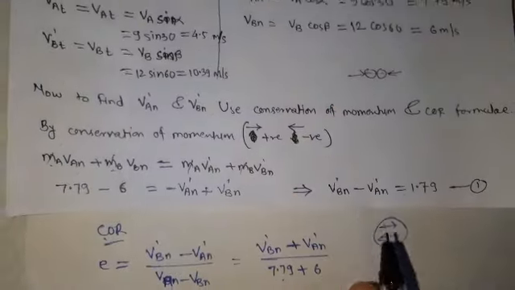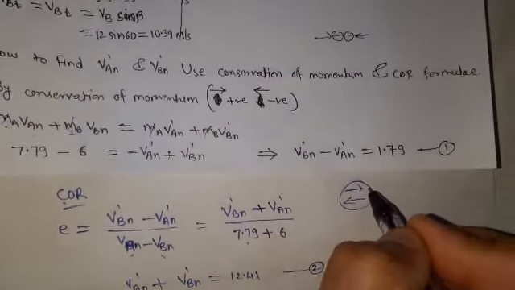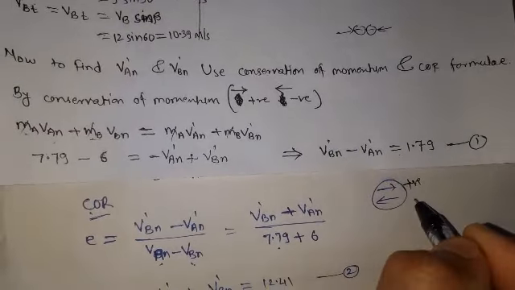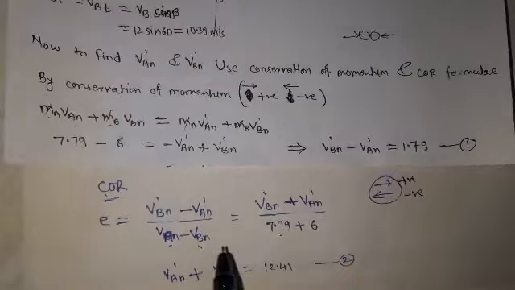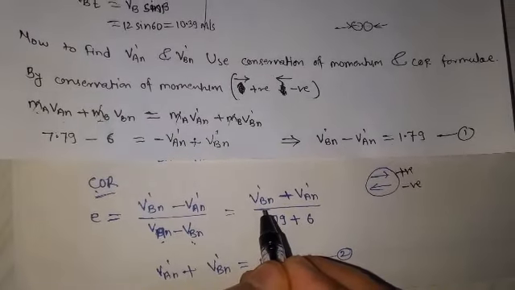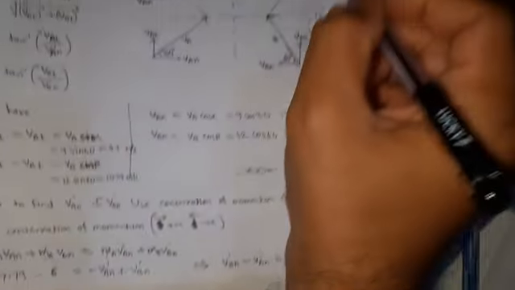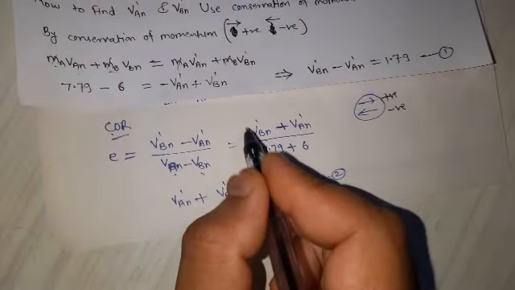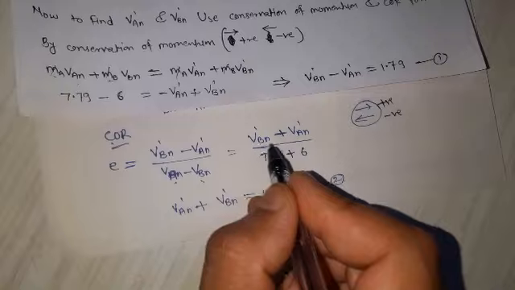Now what we are going to do here, we are treating towards right as positive and towards left as negative. The final velocity of ball B is going towards right, which is unknown, so we treat it as positive, vbn dash.